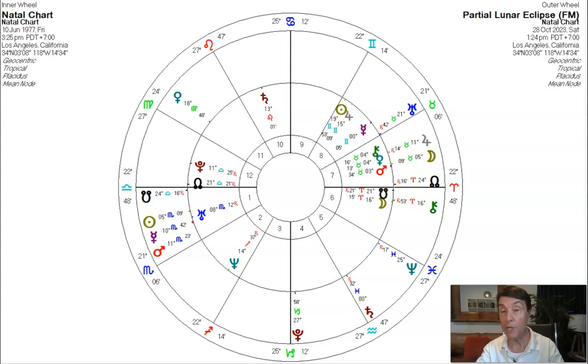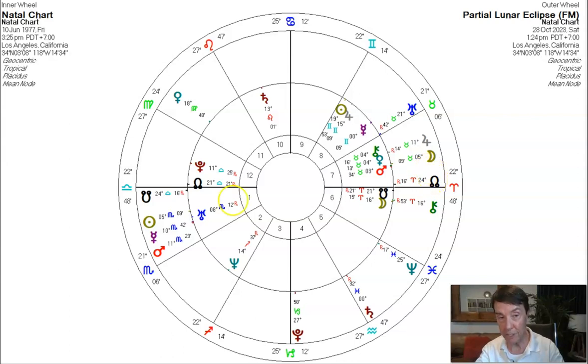How do we know that it's an eclipse? If you have a new moon or a full moon and you want to know if it's an eclipse, they have to be within 18 degrees of the lunar nodes. If the full moon or the new moon is within 18 degrees of the transiting lunar nodes, then it's going to be an eclipse.